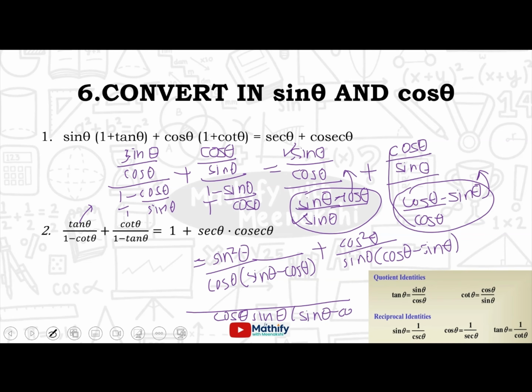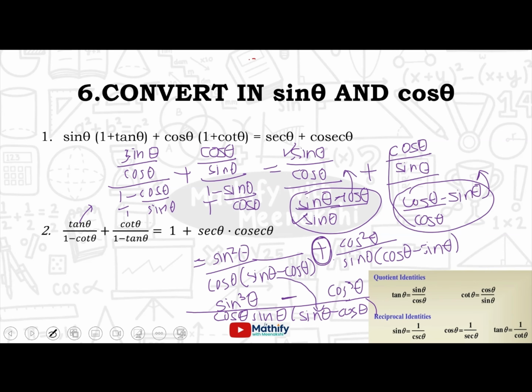What we don't have is sine, so I will multiply the numerator with sine, that is sine cube. Here we have a minus sign, so we change the sign of the second one if we write this as it is. Now again, we don't have cos, so we write cos cube theta. Now what is a cube minus b cube?